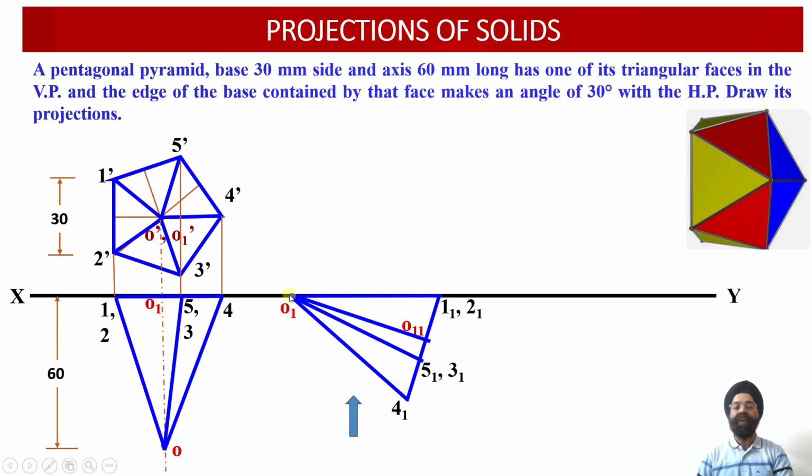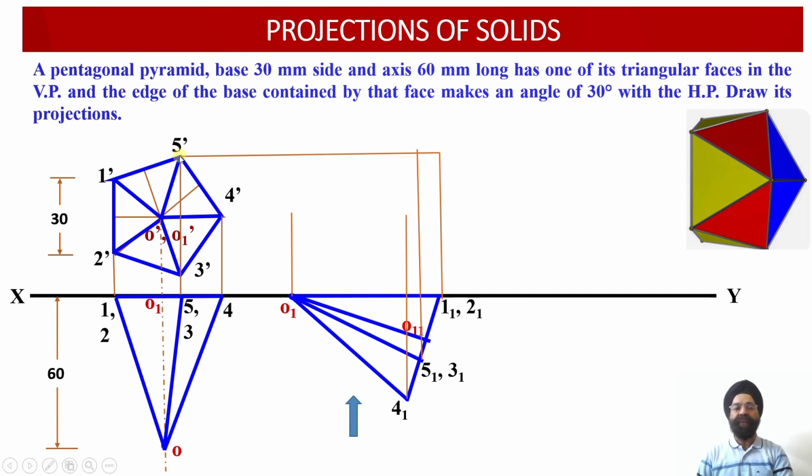Through these 7 points, we are going to draw the vertical projector lines, and from the previous elevation projection view, again there are 7 points lying over here. From these 7 points of the previous elevation projection view, we now draw horizontal projector lines. Wherever the corresponding points of intersection are obtained, we get the front view elevation projections of the pentagonal pyramid when one of its triangular faces is contained by the vertical plane.